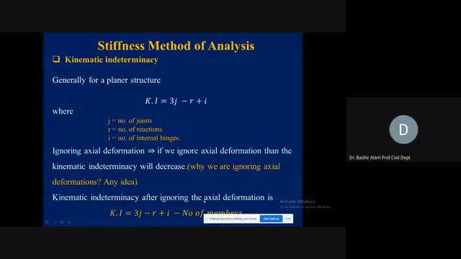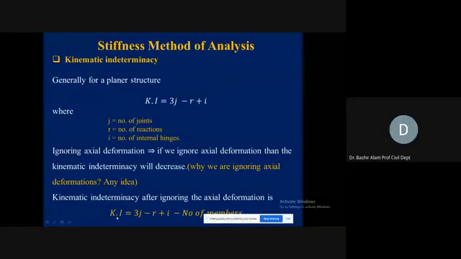Kinematic indeterminacy after ignoring the axial deformation is equal to 3j minus r plus I, which is coming from this top equation. But now you need to take out the axial effects, which is minus number of members. So by subtracting the number of members, now you can ignore the axial effects and you can reduce the kinematic indeterminacy.